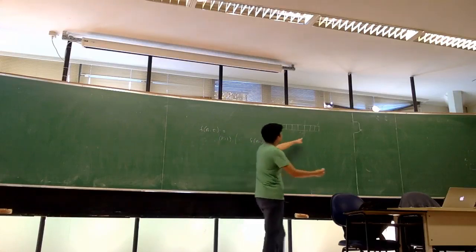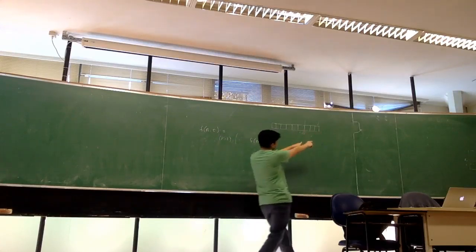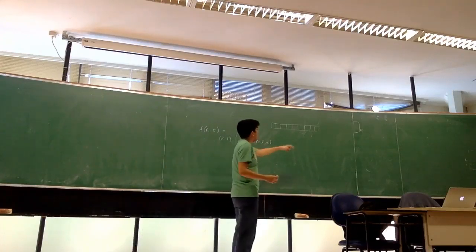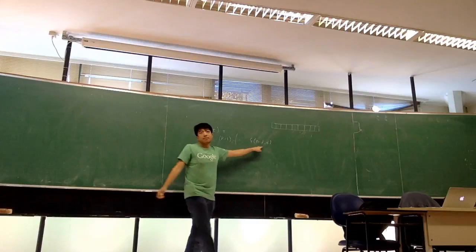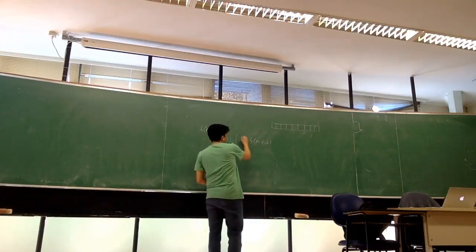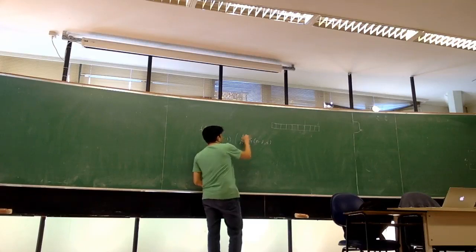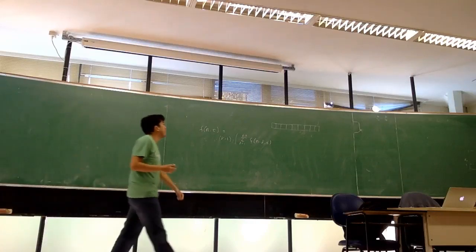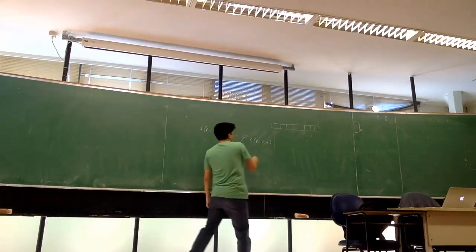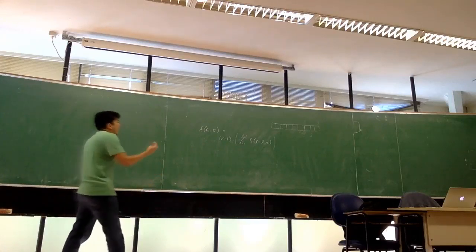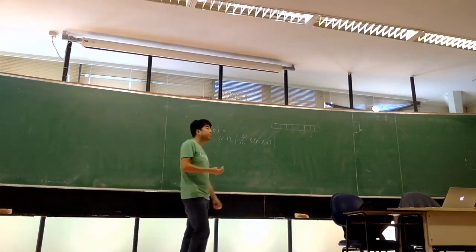So if I decide that this segment has length L, and L is less than d, then the number of possible colorings is k minus 1 times this guy. But I have to sum this over all possible values of L, which is for L equals 1 to d minus 1. But I could also pick a value of L that is d or greater.